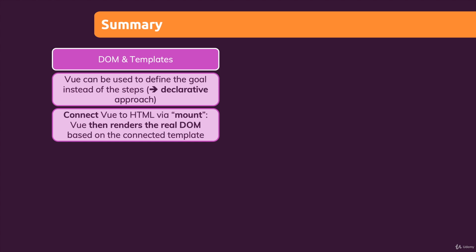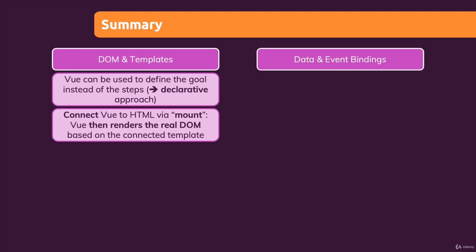Then you can use a CSS selector to select a part of the page and turn that part into the template of the Vue app, in which you can then use all these Vue features, like for example the data and event binding features you learned about.